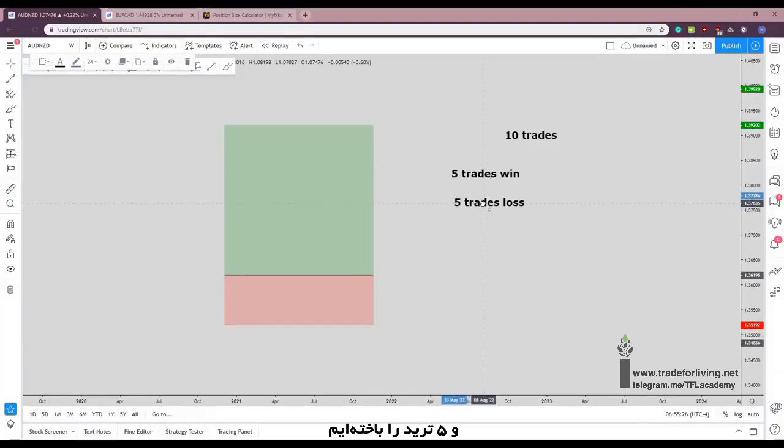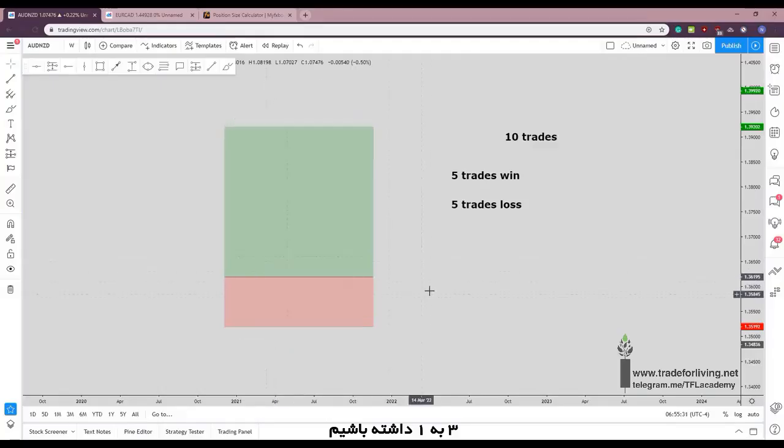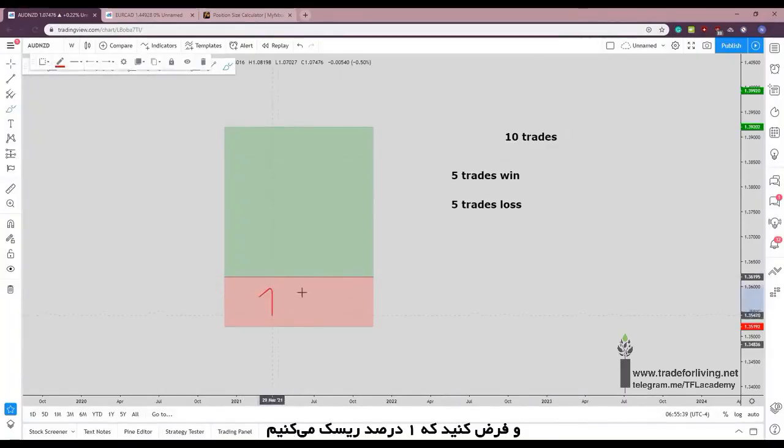Now, what will happen if we have a 1 to 3 risk to reward? If we win 5 trades, how much will we make? Let's assume we're risking 1% per position, to make 3%. So if we win 5 trades, we risked 1% each to make 3% each, so we made 15%.